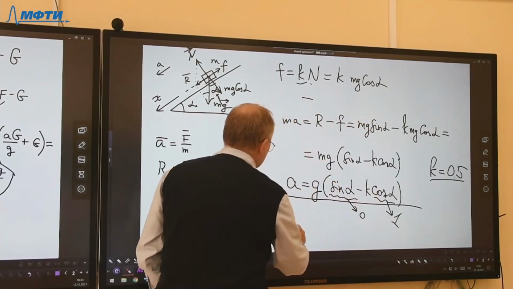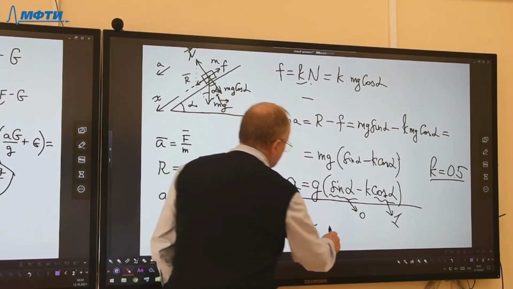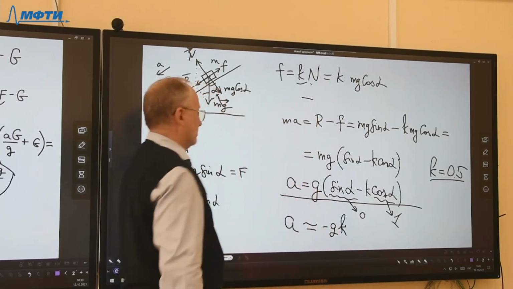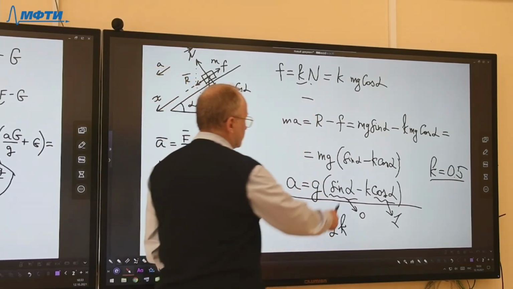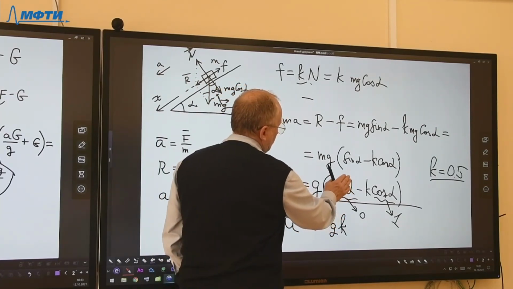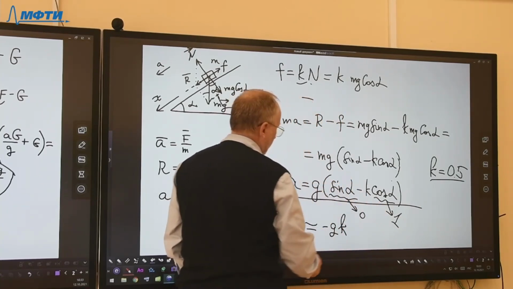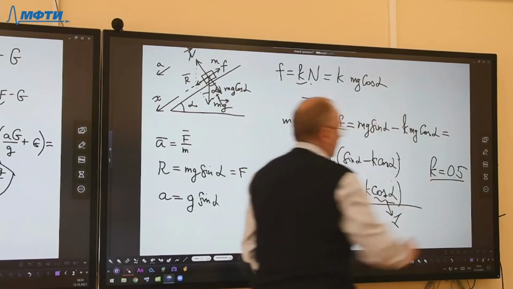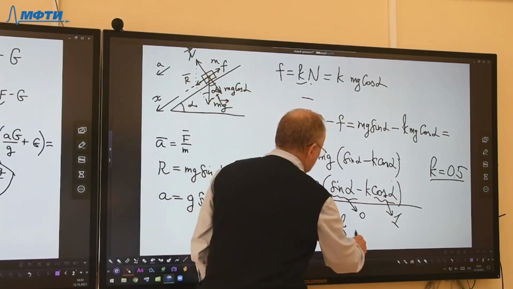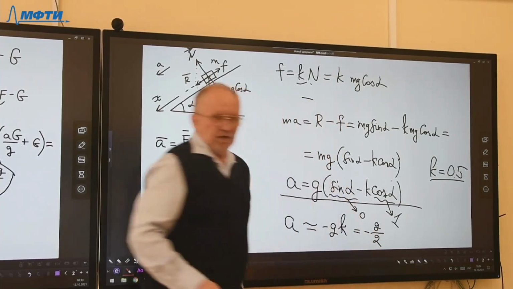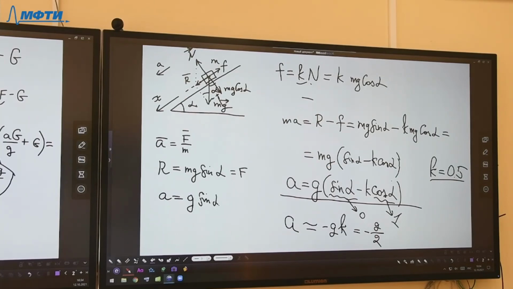And then in this particular case, acceleration will tend to minus k g. If the first term vanishes, and cosine tends to unity, then what remains here is only minus kg. And when the coefficient of friction is just 0.5, that will be equal to minus g divided by 2.